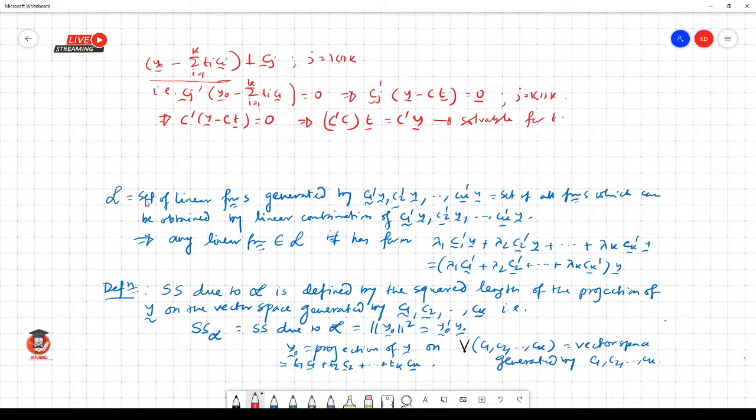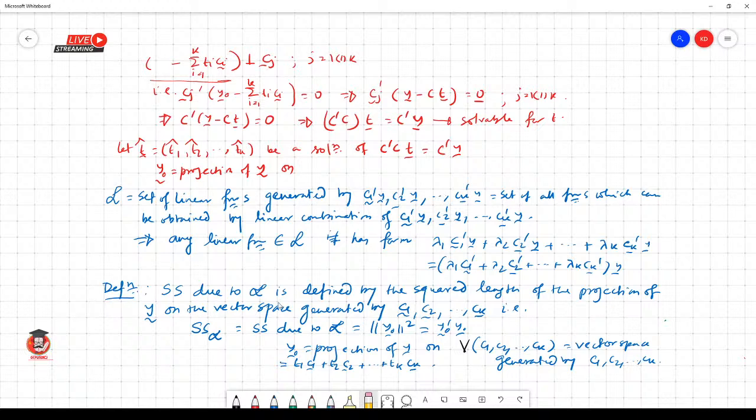Since it is solvable, assume that t hat curl equal to t1 hat, t2 hat, ..., tk hat be a solution of c prime c t curl equal to c prime y curl, and y naught is a projection of y curl on V. Sorry, please, this should be y, not y naught.